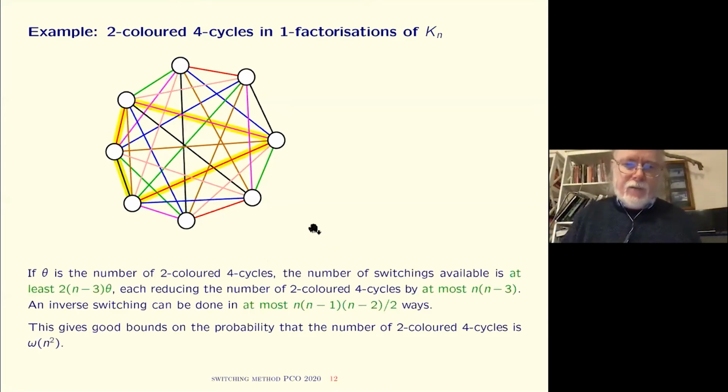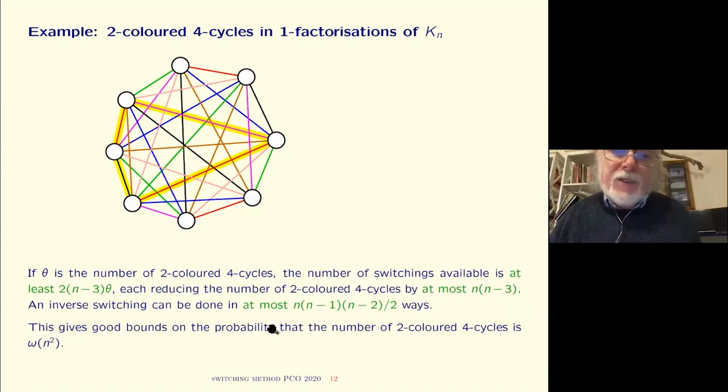So now you do your counting with that. If theta is the number of two-colored 4-cycles, the number of switchings available is at least 2 times n minus 3 times theta. And the maximum that the number of two-colored 4-cycles can be reduced is n times n minus 3.